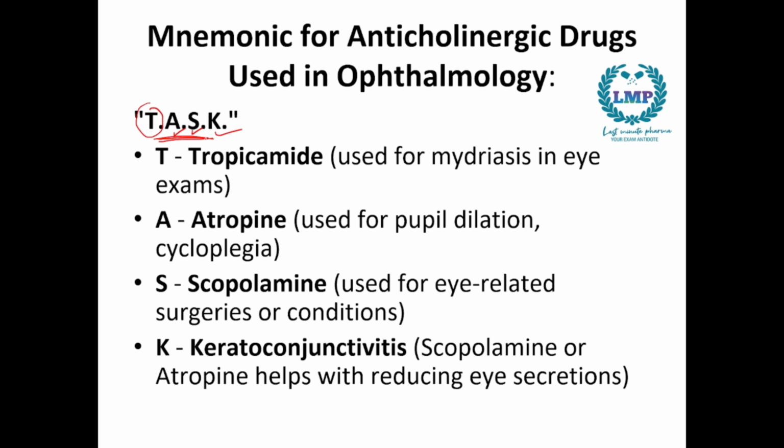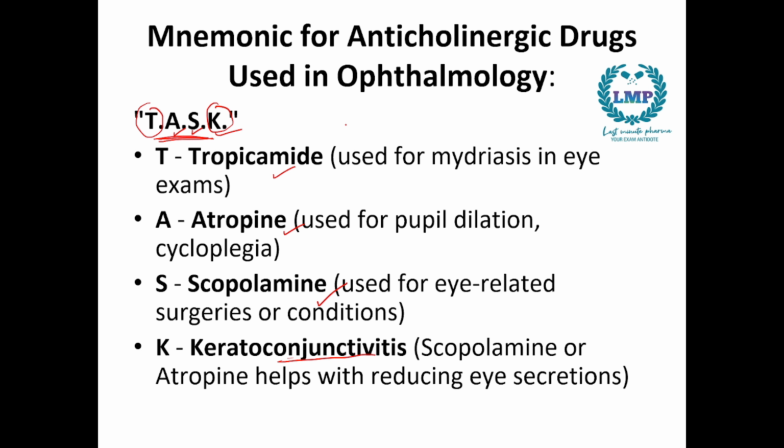S stands for scopolamine, and K is not a drug, it's a condition called keratoconjunctivitis, which is inflammation of the conjunctiva. For those we use tropicamide, atropine, and scopolamine. You can remember it with the mnemonic TASK.